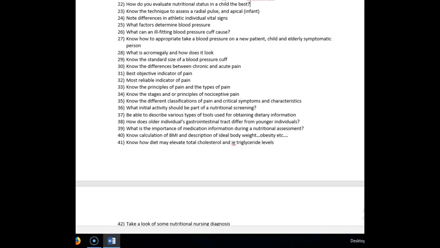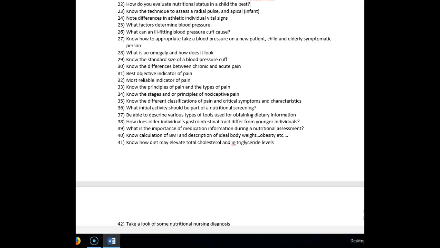Be able to know what the difference is between that. The best indicator of pain would be, basically, everybody always says that the person is the best.